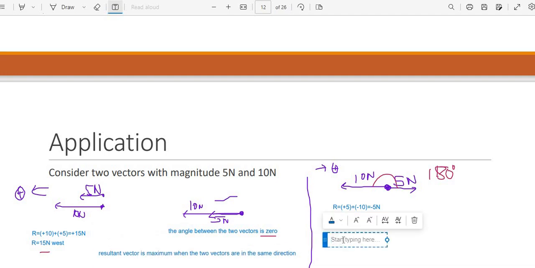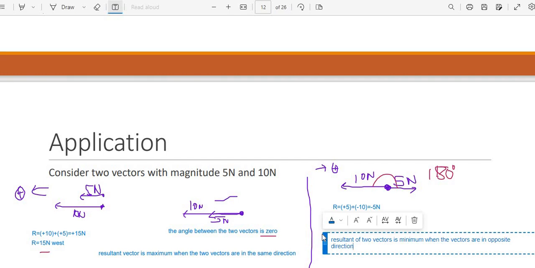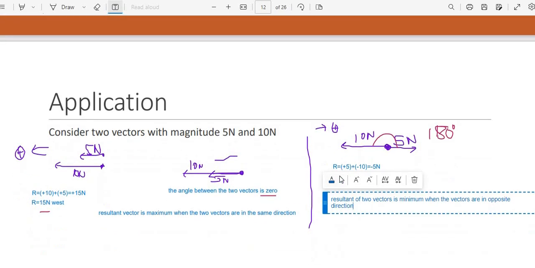And the opposite is true. The resultant of two vectors is minimum when the vectors are in opposite directions. So that is the conclusion that we can make.